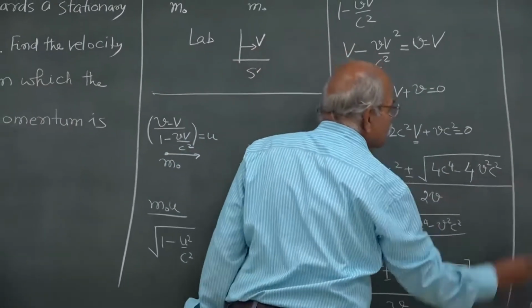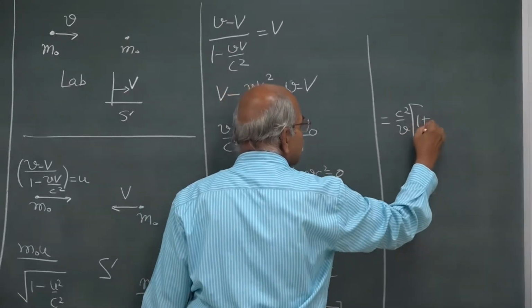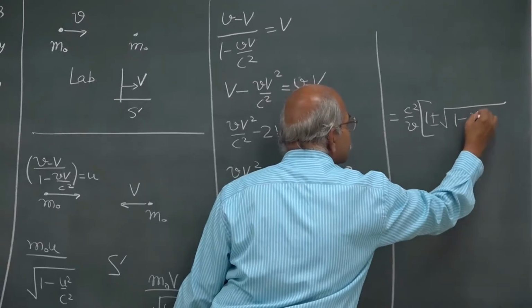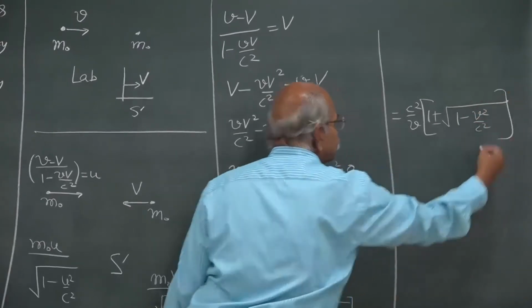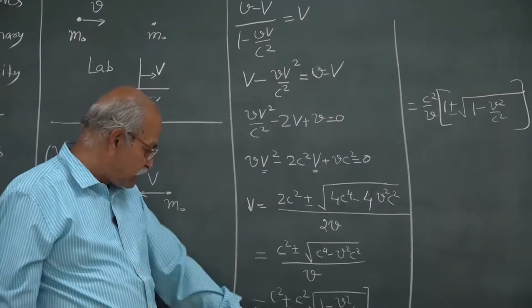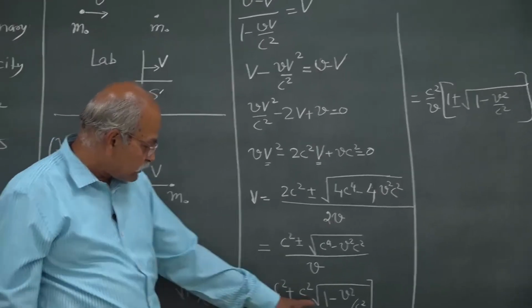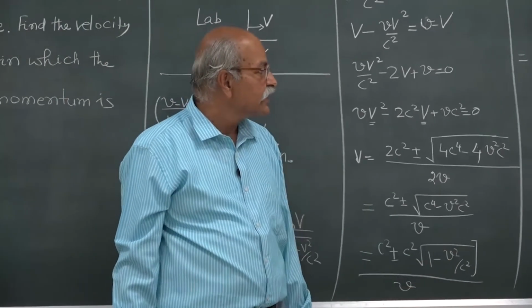So, this is equal to c square by v times 1 plus minus square root of 1 minus v square by c square. Okay, c square taken common, c square by v is here, v is in the denominator.